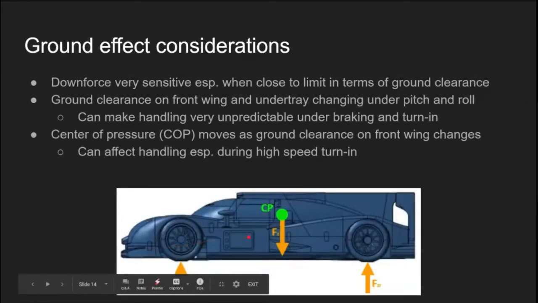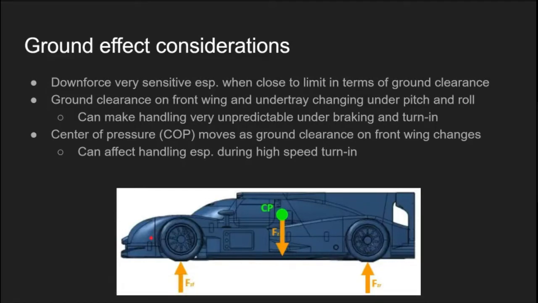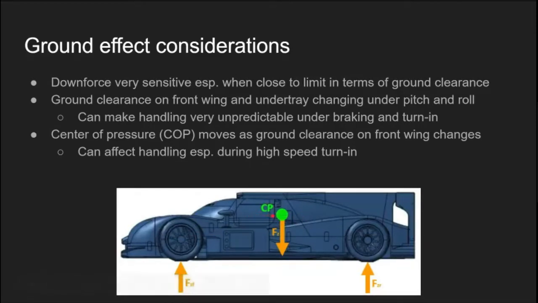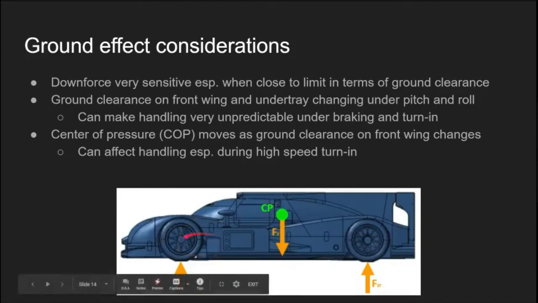What happens is that the faster you go, the more your front suspension will compress. The closer your front wing gets to the ground, you're producing a lot more front downforce as opposed to rear downforce. And your center of pressure starts to move forward, because now you have more effective forces acting on the front of the car as opposed to the rear.